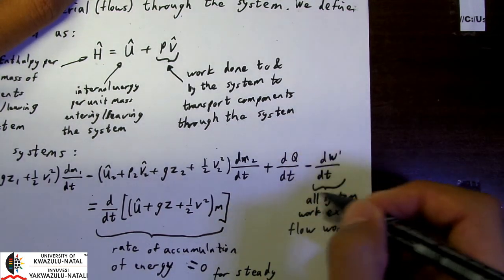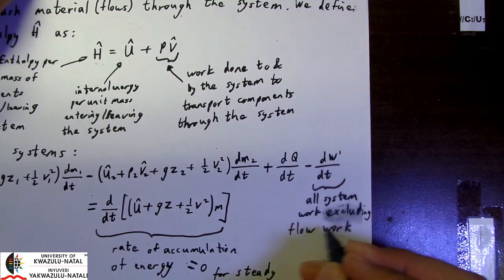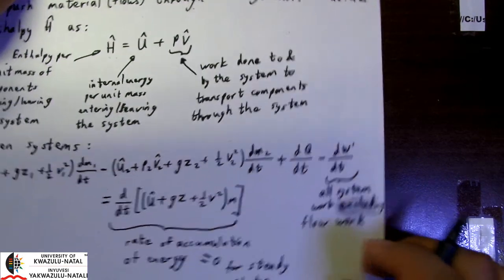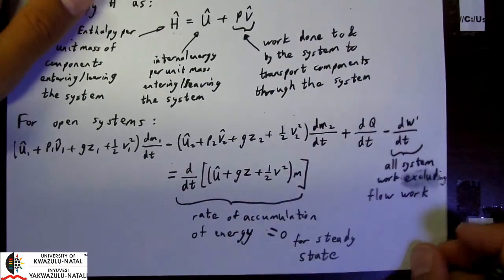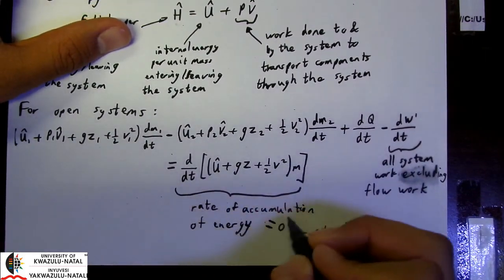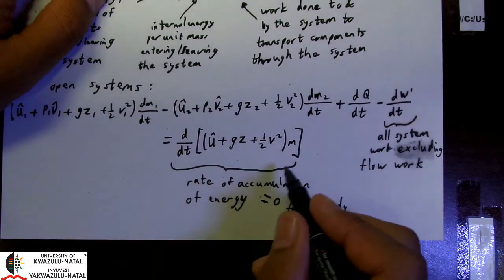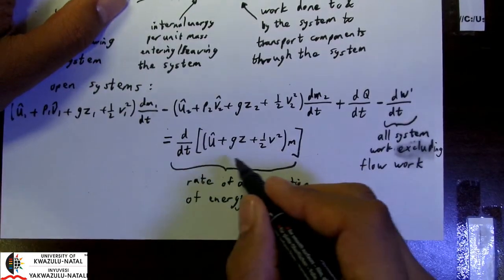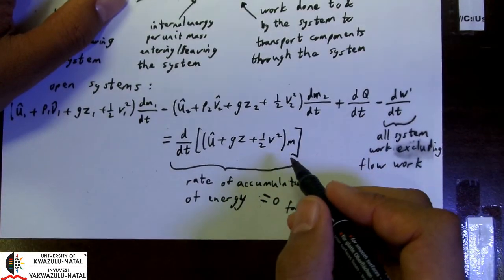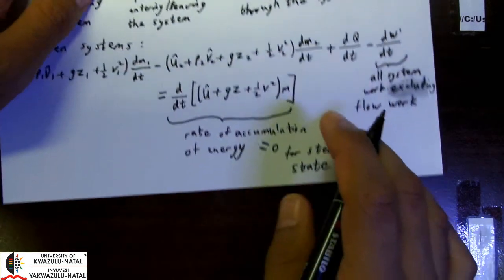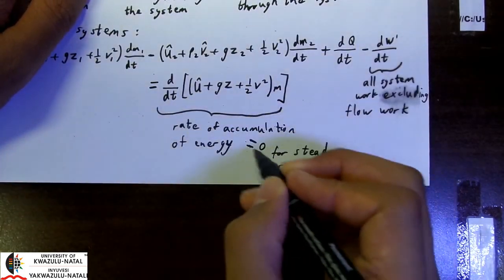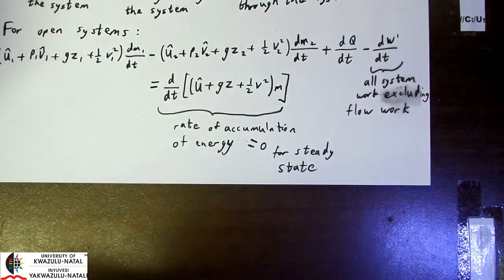So any other type of work excluding our flow work. And this is of course once again equal to the rate of accumulation of energy in the system, and that's again given by the following. And note that at steady state, this whole term here will of course become 0.